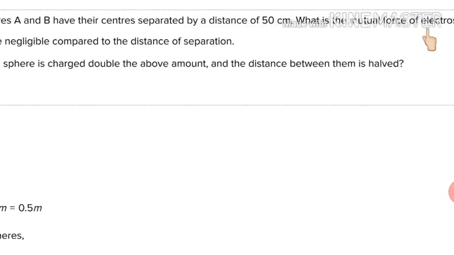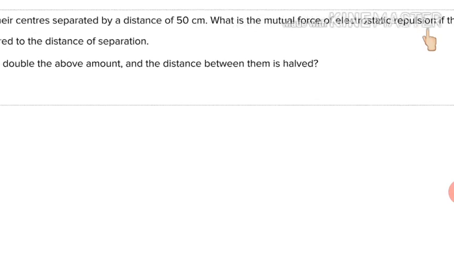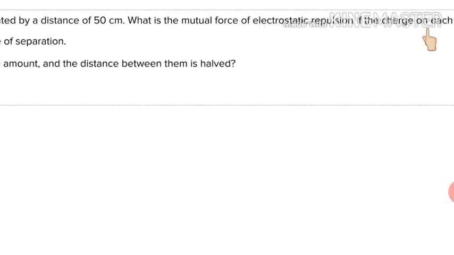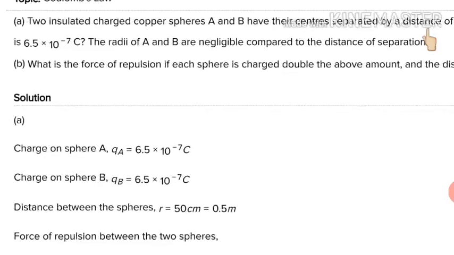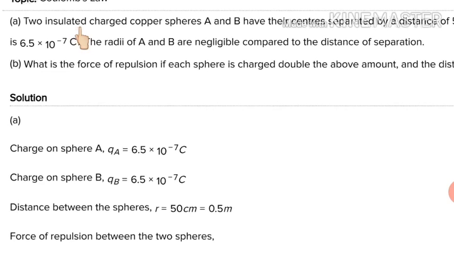What is the mutual force of electrostatic repulsion if the charge on each of them is 6.5 into 10 to the power minus 7 coulomb? So distance is given, magnitude of charge is given, and we have to calculate the force between them. The force will be repulsive because the charge is positive on both copper spheres, so we have to calculate the magnitude of that force.